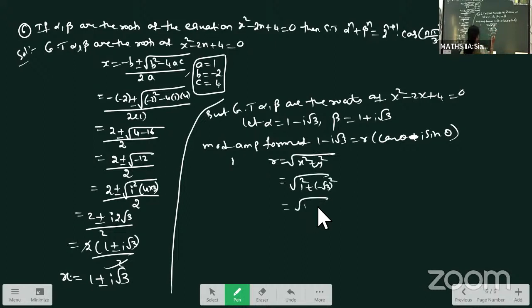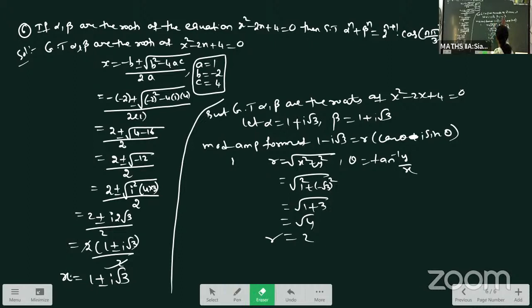So 1 square is 1 plus (minus root 3) whole square is 3. Under root of 4 is 2. The r value we got is 2. Next what do we want? Theta. Theta is equal to tan inverse y by x. So generally, to remove this confusion, what we do is take alpha as positive and beta as negative.